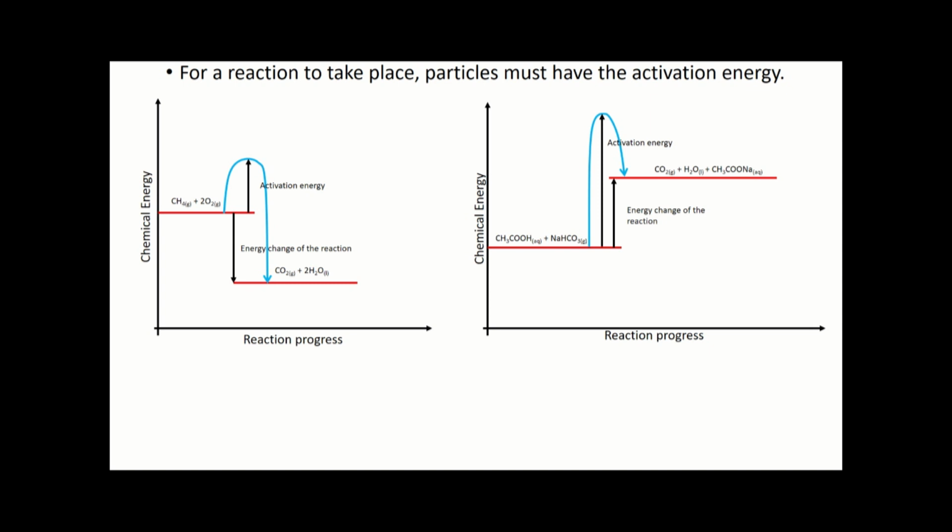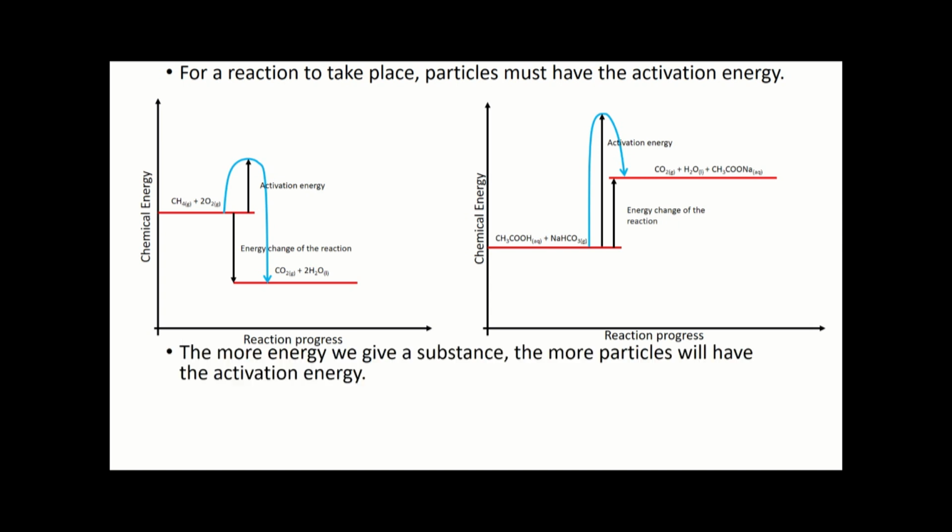And it exists for exothermic reactions on the left and endothermic reactions on the right. So if we want to make something react faster by manipulating energy, if we give more energy to particles, then more particles will have this minimum amount of energy.